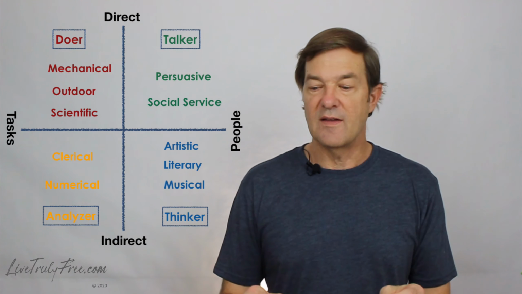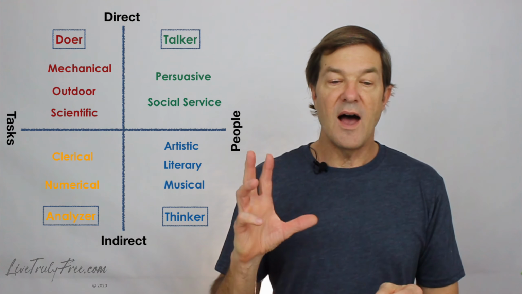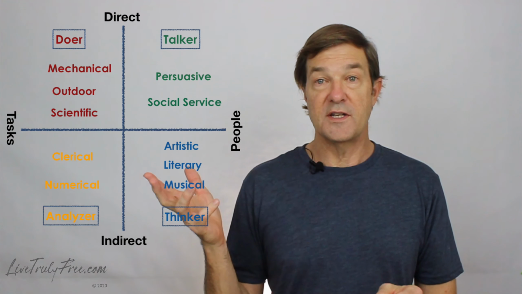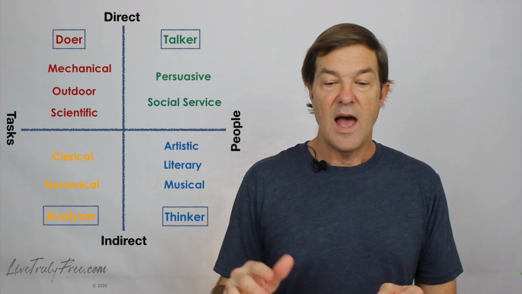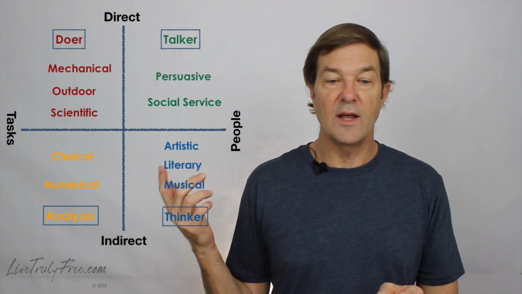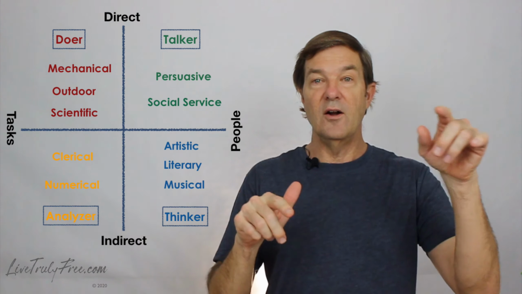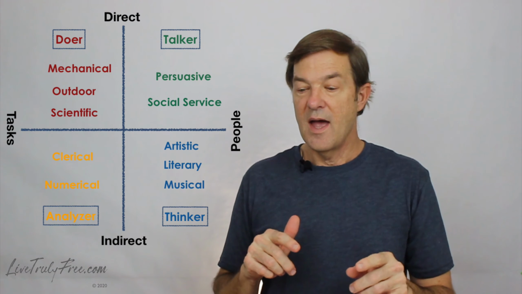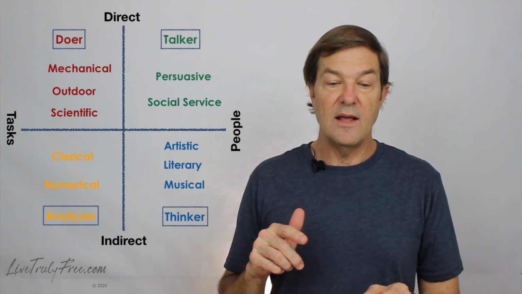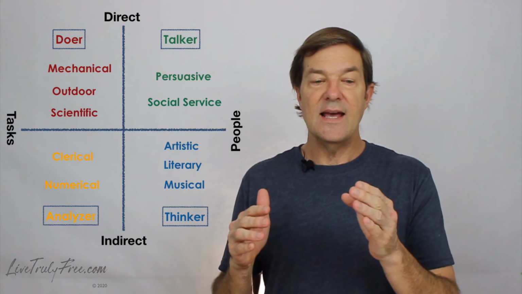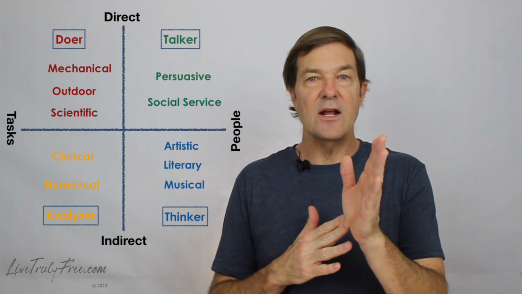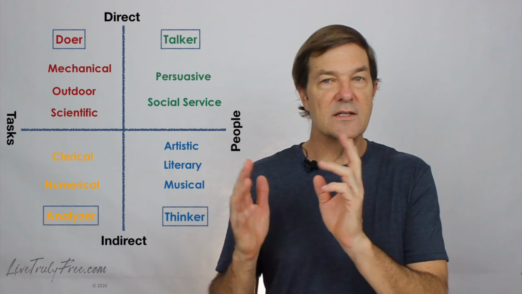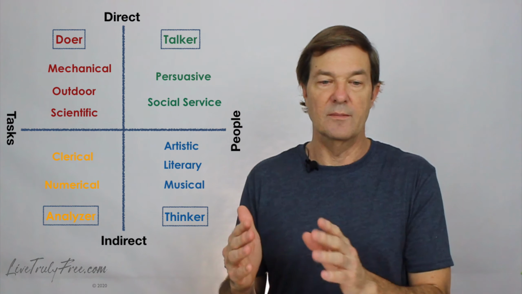So I'll use myself as an example. I've got social service as my highest one, and then I've got musical and outdoor. So I'm a little bit in all three of those. And then literary. But here's the interesting thing. In my interest, my long-term pull is, and this is important, toward people.